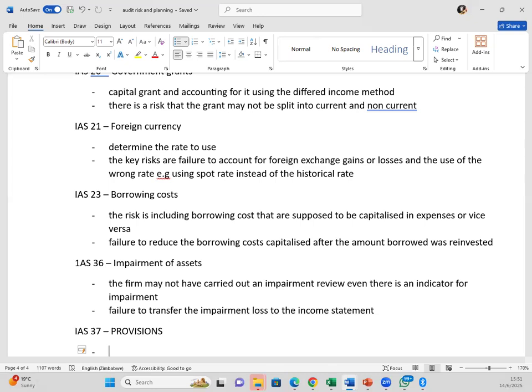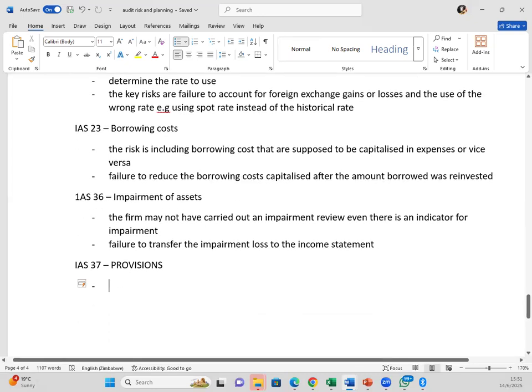Like in the case that our customers that buy goods from us, we normally provide a discount. We normally provide room for them to return the goods that they've bought if they are not satisfied.